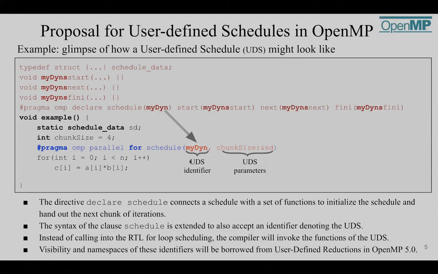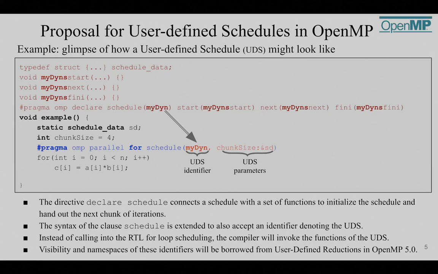With that, I will go to some proposals of extensions of OpenMP based on these low overhead scheduling strategies and TaskToGPU scheduling strategies. We have here a glimpse of how a proposed user-defined scheduling strategy will work through a particular interface in which a user declares a new schedule.